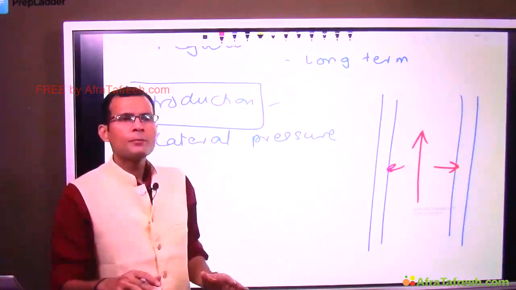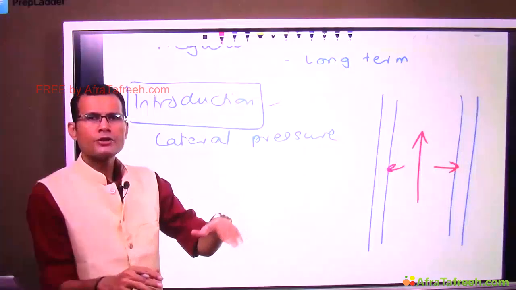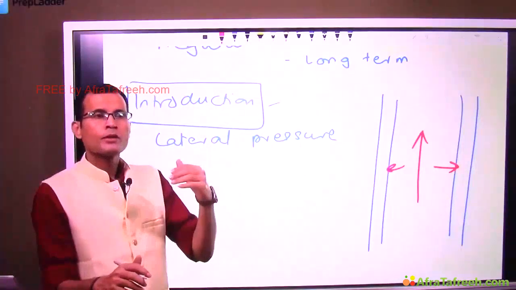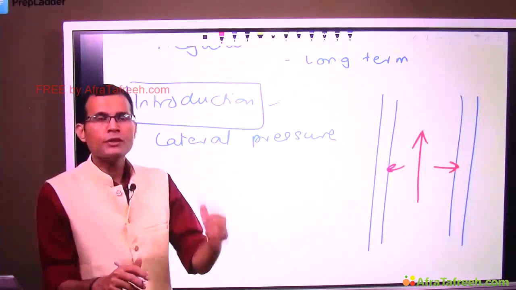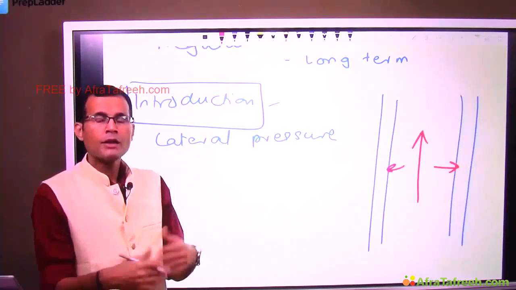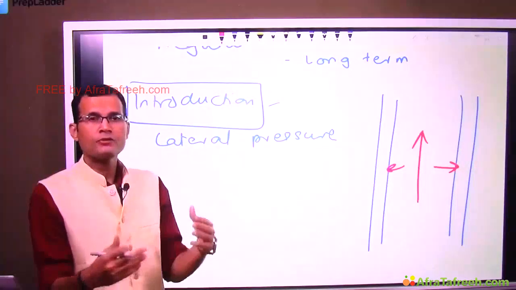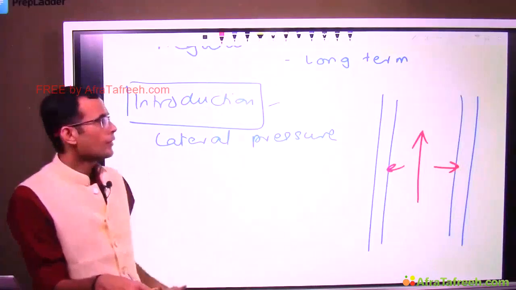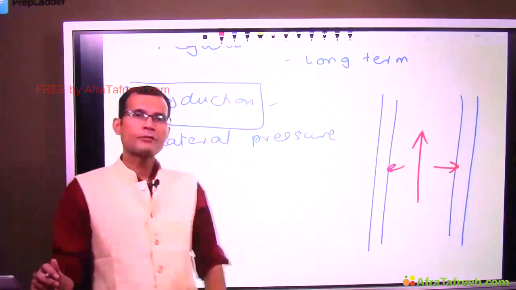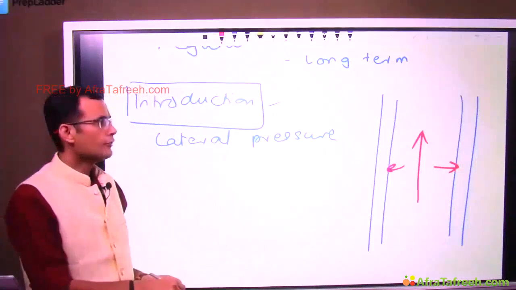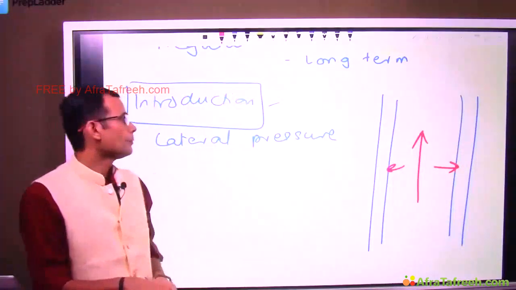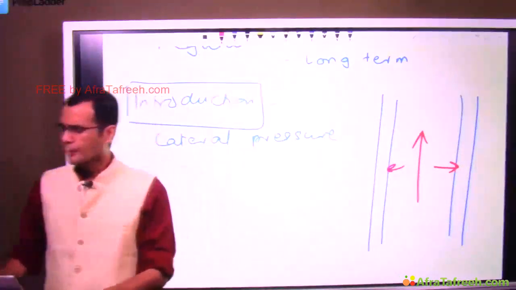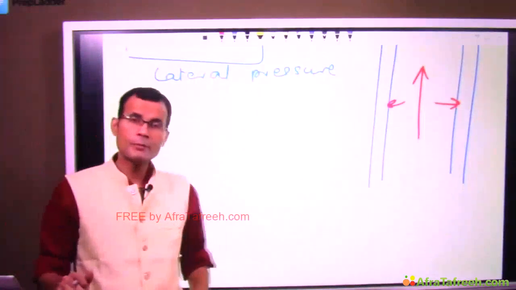It has to be up to a certain range so that the tissues are perfused with enough blood. When the arterial blood flows with a certain amount of pressure, only then the capillaries will have adequate blood flow and tissues will have enough perfusion with blood.